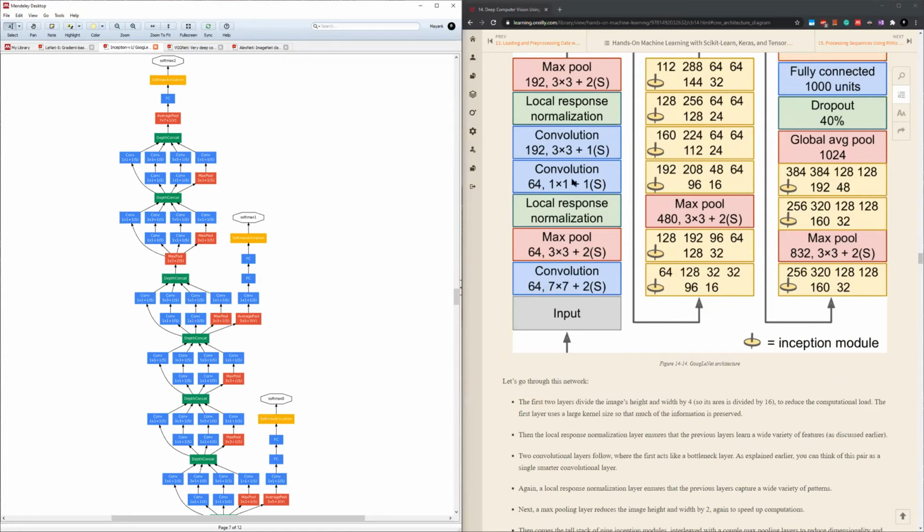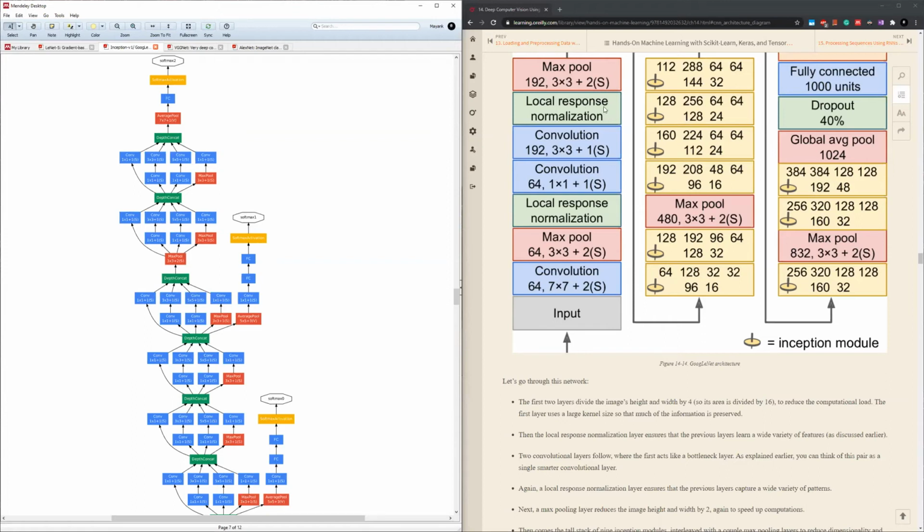And then we have these 2 convolution layers that are stacked, where the first acts like a bottleneck layer, which is trying to limit the information and the features that are flowing through your network.